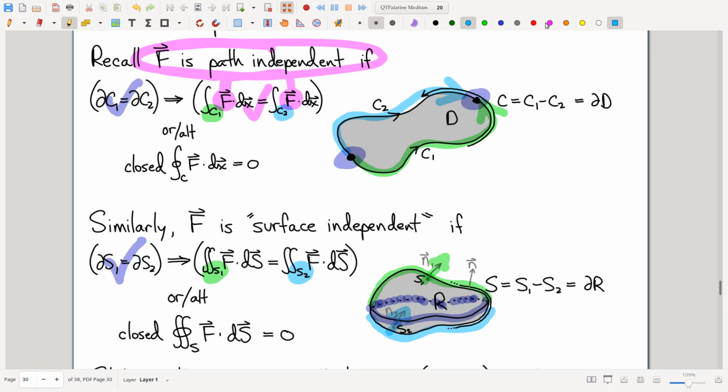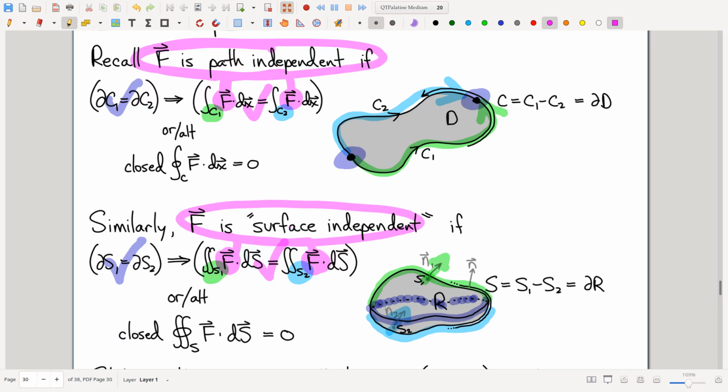So sometimes a vector field has the feature that in such a scenario you always get the same flux. And if a vector field is surface independent, as we call it, those two fluxes will always be the same. And again, this is a special property of a vector field.